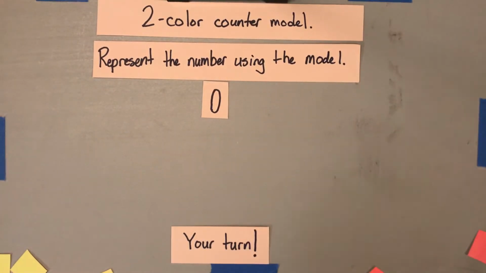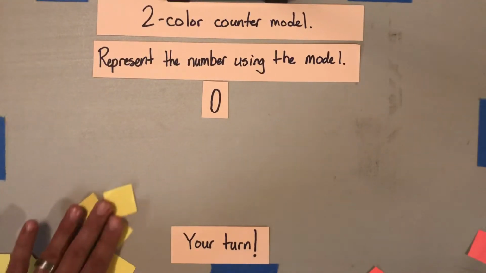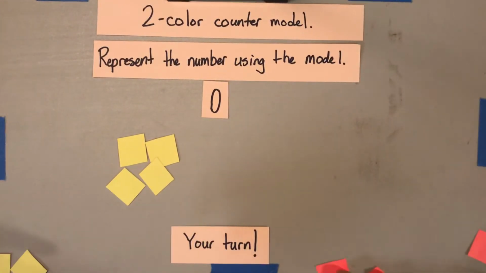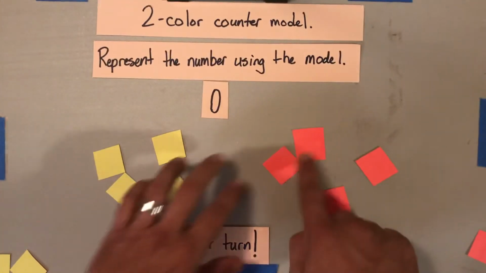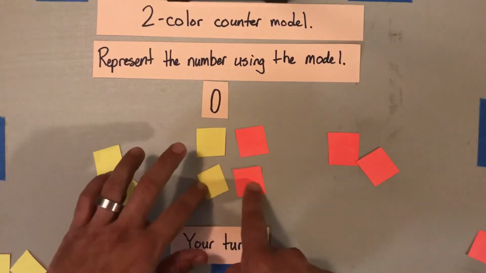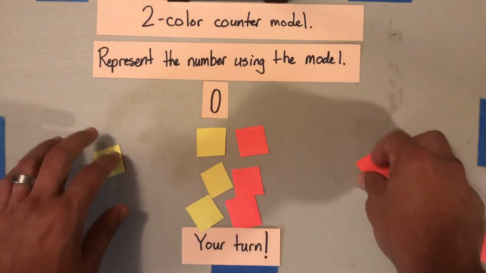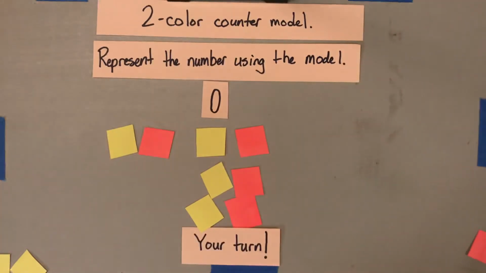Okay, so I'm going to bring 4 negatives and 4 positives. That would make 1 zero pair, 2 zero pairs, 3 zero pairs, 4 zero pairs. That would be one way of representing 0.